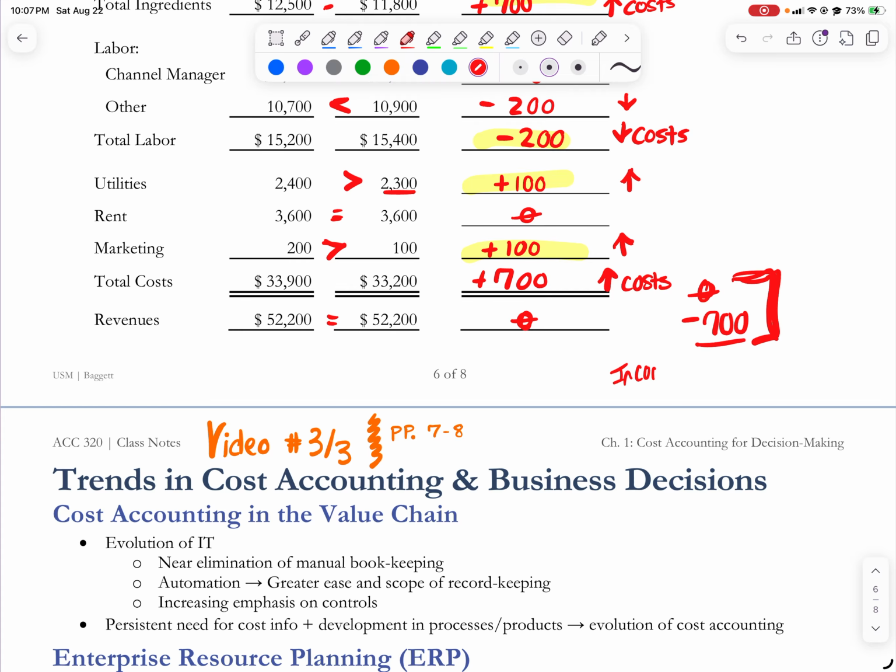The difference in their income from what they expected would be $700 lower than they expected.